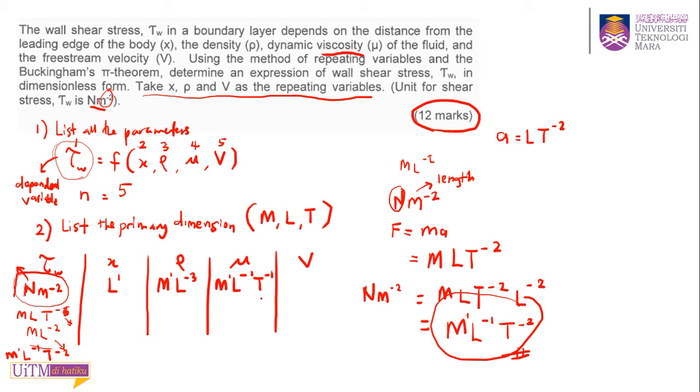Is this the correct primary dimension? Just for the sake of learning for the others, how do you get this? Apis, how do you get the primary dimension for viscosity?